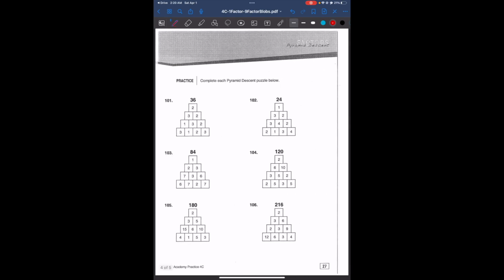And so we'll try solving some pyramid descent puzzles. So for problem 101, again, we're going to start by doing prime factorization of 36. So since 3 plus 6 is 9, it's divisible by 9. So we can write 36 as 2 to the power of 2 times 3 to the power of 2.